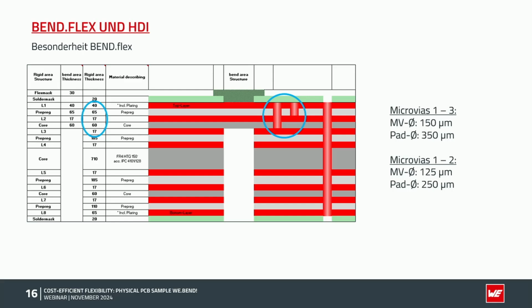Due to the thin prepreg, the thin core and the thin base copper, we can use here normal microvias with 150 microns diameter and pads with 350 microns. So this is also a good opportunity to use for the bend.flex.